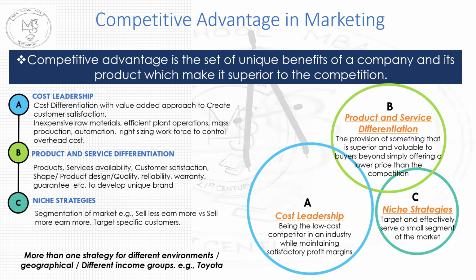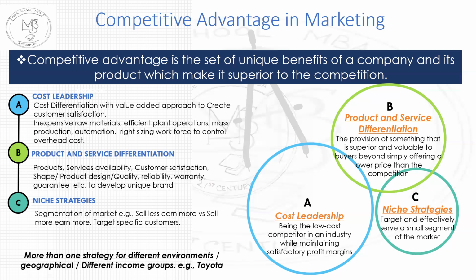What does this mean? It means that you have to be very careful while procuring your raw materials. So you have to have a proper supply chain where you can get your raw material regularly and at economical prices.